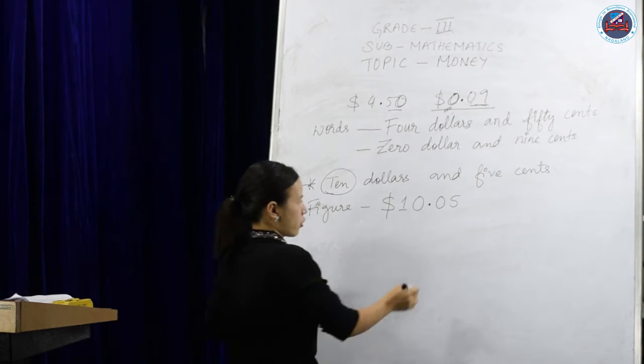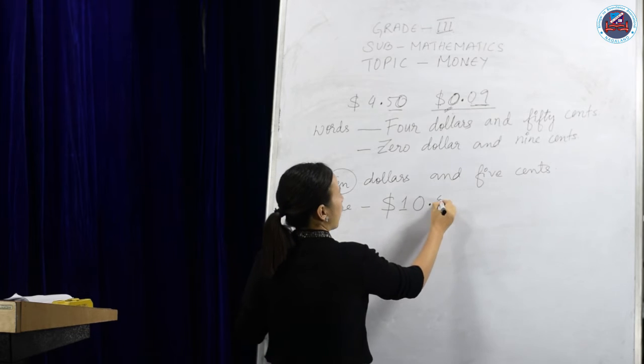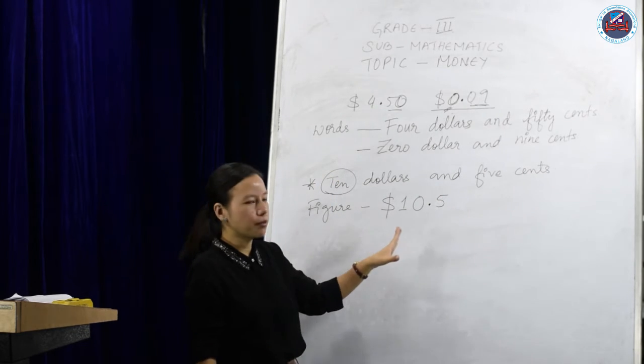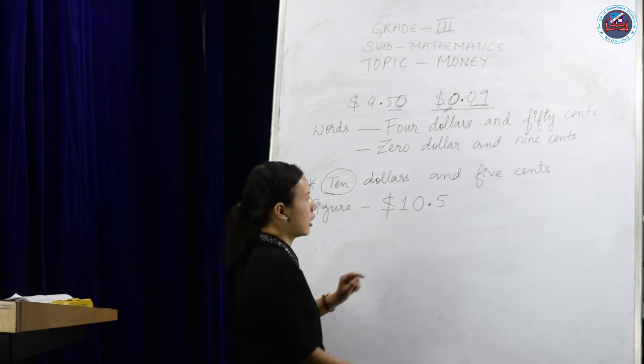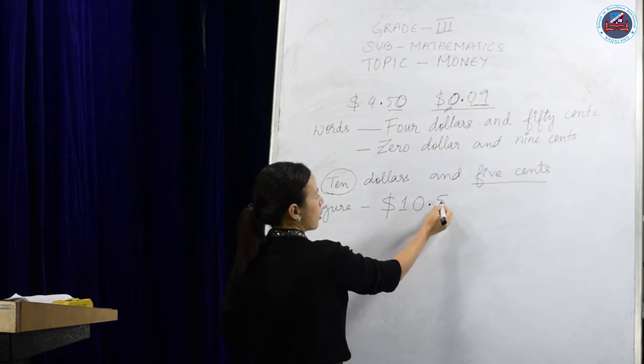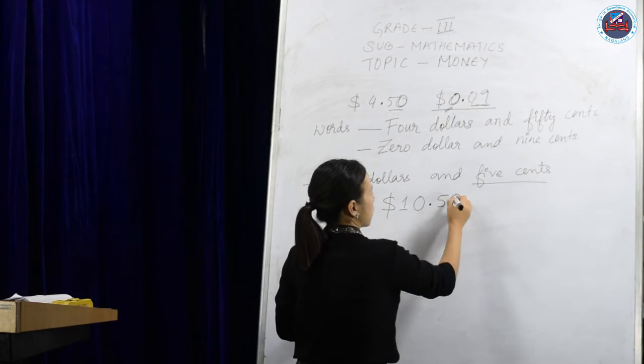It says 5 cents. So if you make a mistake of writing right after the point, if you write as 5, that will be wrong. Know that after the decimal, there has to be 2 digits. Now here it says 5 cents, and if you write right after the point, if you write 5, that means it will be counted as 50.